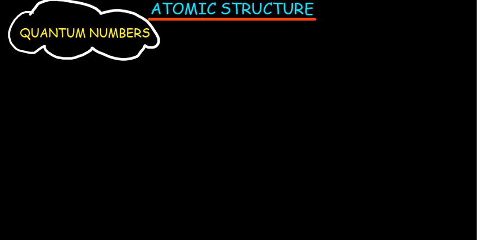Firstly, let's start with the general case. If I say 2p3, what are the 4 quantum numbers of this electron? First, n is equal to 2. Then L: whenever you see p, what does it mean?